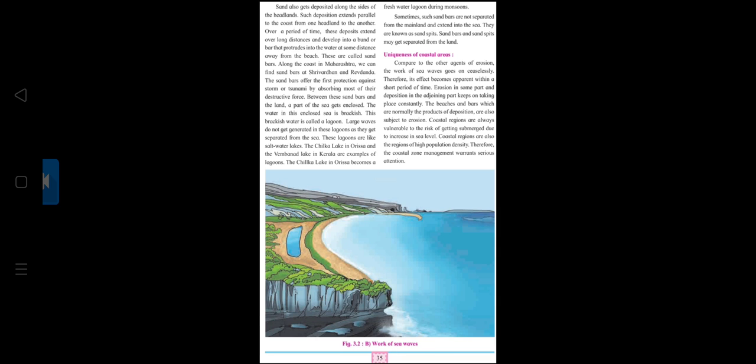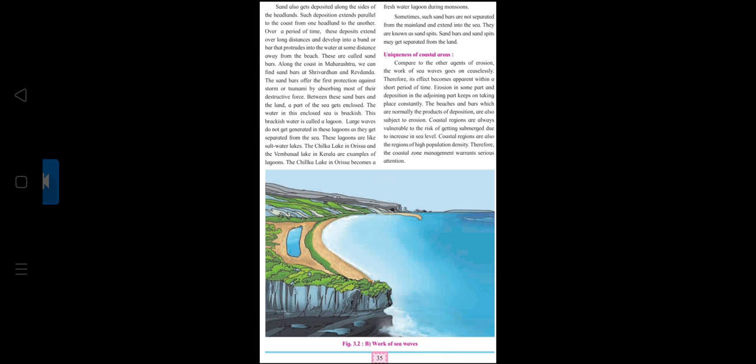Coastal regions are always vulnerable to the risk of getting submerged. If I talk about Maharashtra particularly, see the belt of Konkan, it is coastal. Ratnagiri, all these are coastal areas. So, coastal regions are always susceptible, vulnerable to the risk of getting submerged due to the increase in sea level.